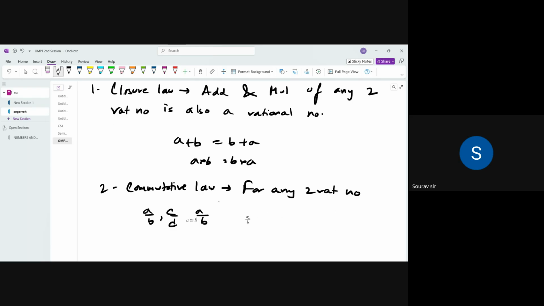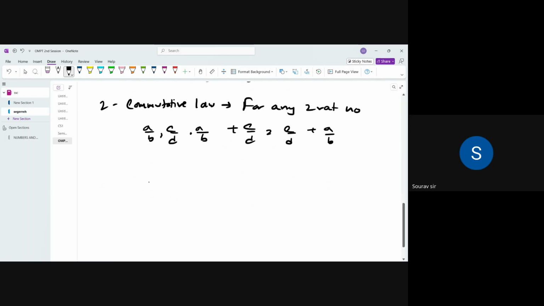And for multiplication, c by d multiplied by a by b, or what we can say, a by b multiplied by c by d, or c by d multiplied by a by b.